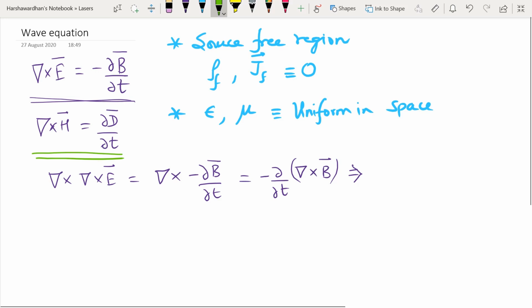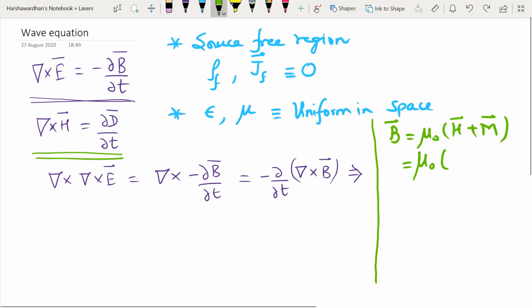So let me quickly recall for you as an aside what we have seen earlier in our previous lecture, which is the relationships between B and H as well as D and E. So you know that the B field is simply mu naught H plus the magnetization.